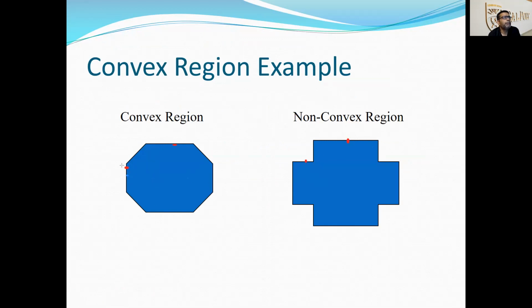So if I pick 2 points on 2 edges and I try to connect those points using a straight line like that, if I don't intersect with the boundary of the region, then I have a convex region. But if I do intersect like I do here, it's a non-convex region.